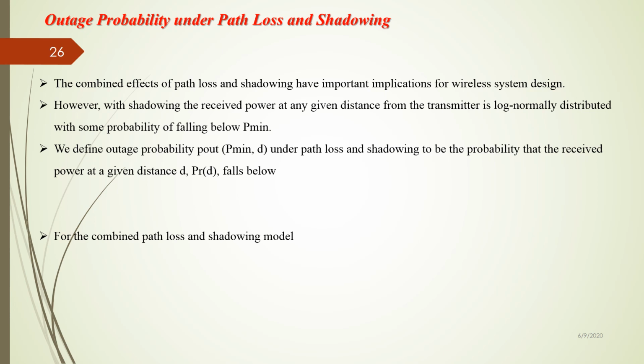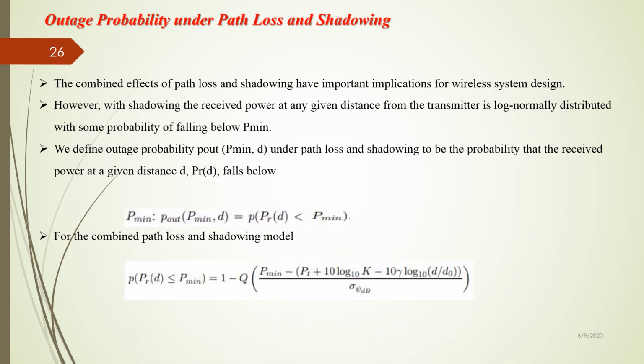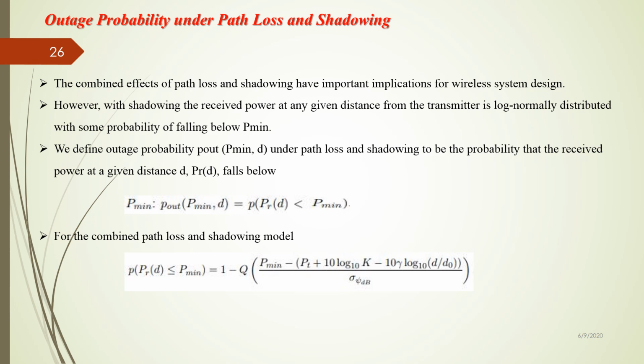The outage probability P out is a function of P minimum comma d under path loss and shadowing, the probability that the received power at the given distance d falls below the minimum. And the combined path loss and shadowing model can be represented by the given formula.